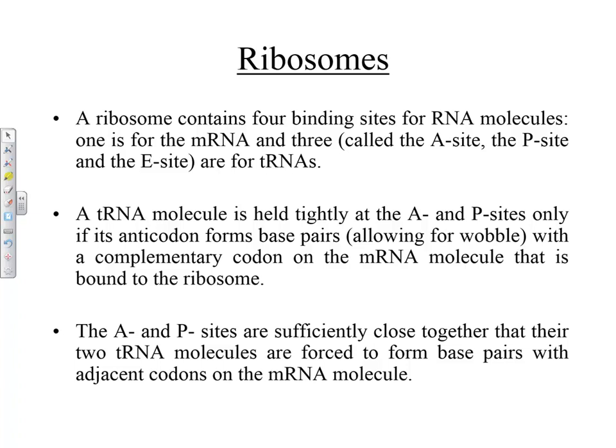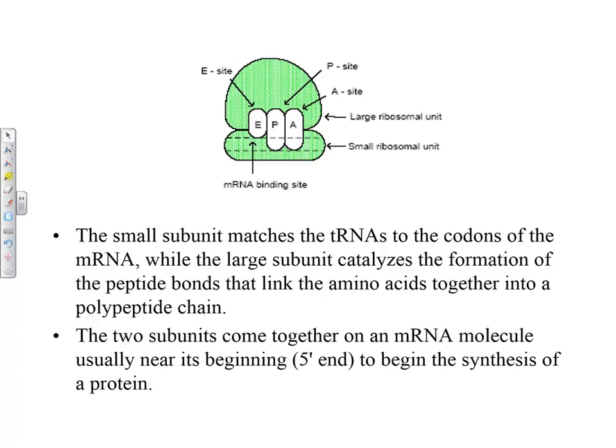So if you have the A and P sites here, a particular tRNA is going to come and bind here. It's going to stay here only if its anticodon matches the codon in this location of the small ribosomal unit. Same way for the next site. At P also, if there is a tRNA, then its anticodon has to match the codon in this region.